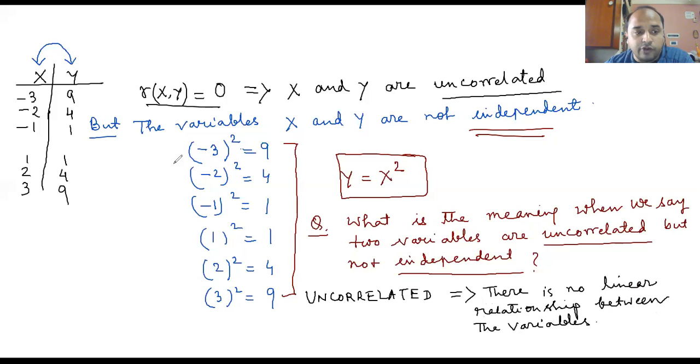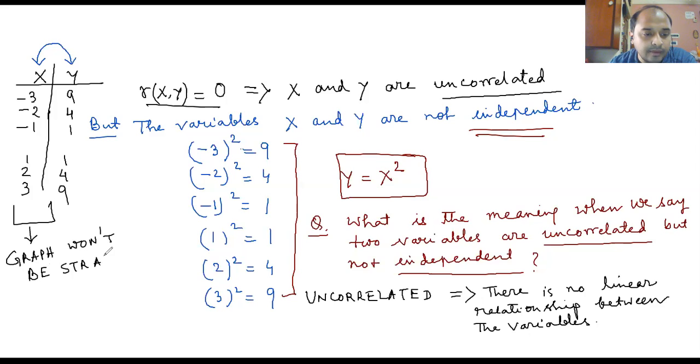That means if we plot these two variables in the chart, the graph will not be a straight line. That is the meaning of uncorrelation. The graph won't be a straight line.